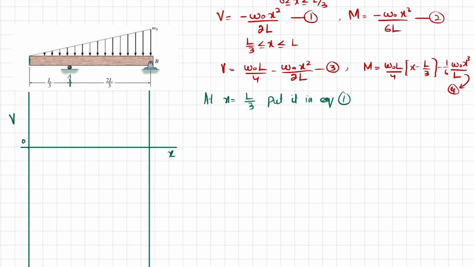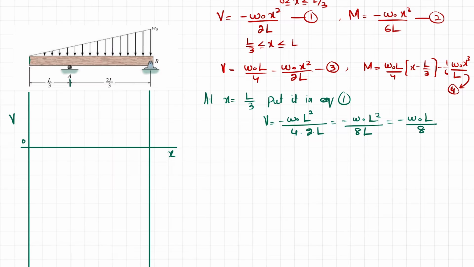When you put it in the equation, V is equal to minus W naught into x square, which will be L square over 9, over 2 into L. So it will be equal to minus W naught L square over 18L, and if you further simplify, it will be minus W naught L over 18.